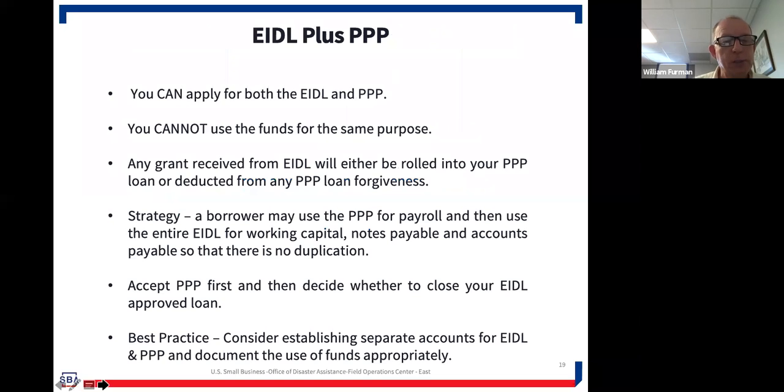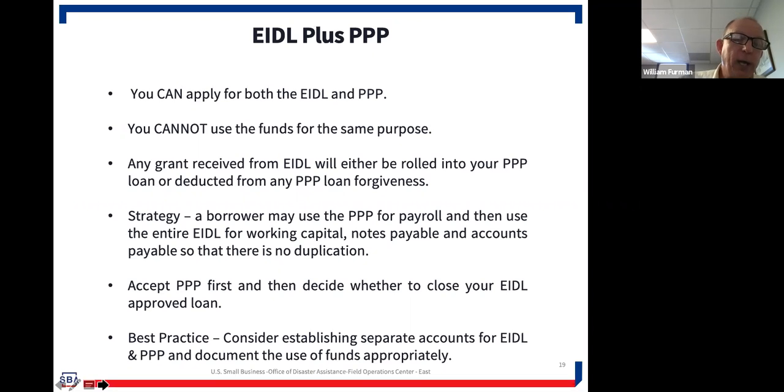So this is important. This is really important if you have an EIDL and a PPP, because you can get crossed up on this and it would hurt you in the end. You can apply for both an EIDL loan and a PPP loan. What you cannot do is use those funds for the same purpose.